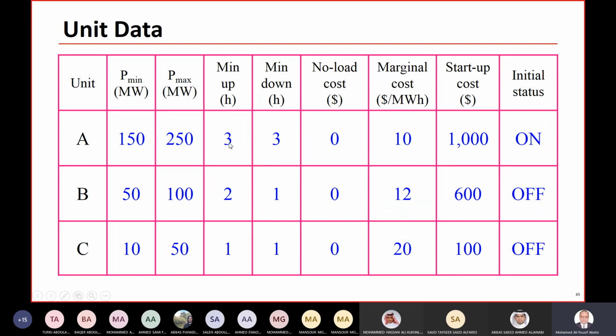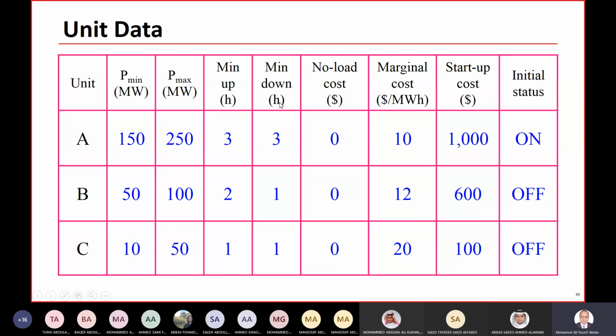Unit B, if you switch it on, you have to keep it on for 2 hours. Unit C, if the status changes from 0 to 1, you have to keep it on for 1 hour.